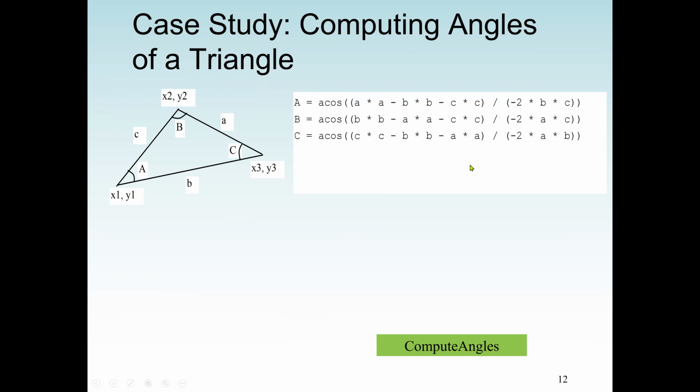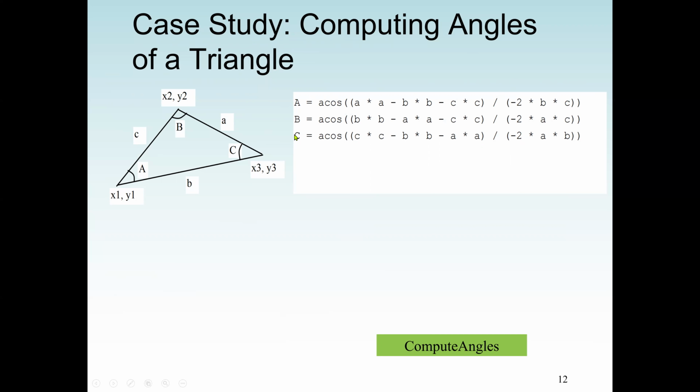We can use the formula here. Again, this is trigonometry. To find angles A, B, C, these are the formulas: arc cosine of (a squared minus b squared minus c squared) divided by minus 2bc for A. Angle B is arc cosine of (b squared minus a squared minus c squared) divided by minus 2ac.